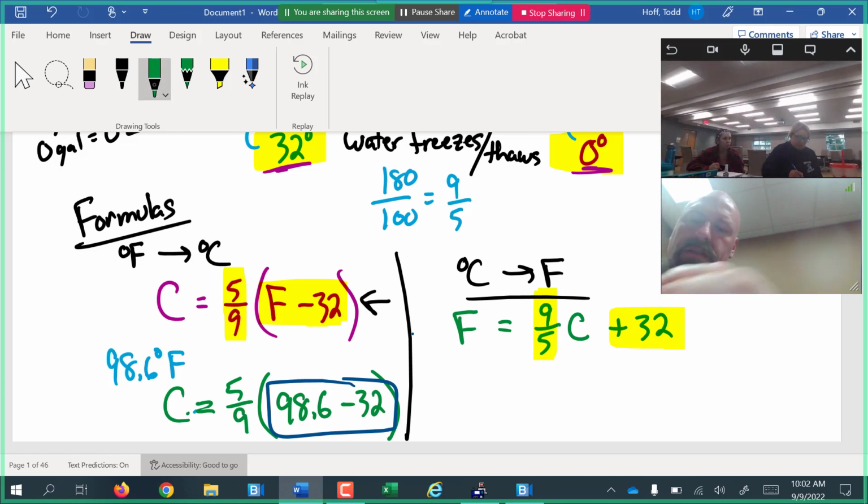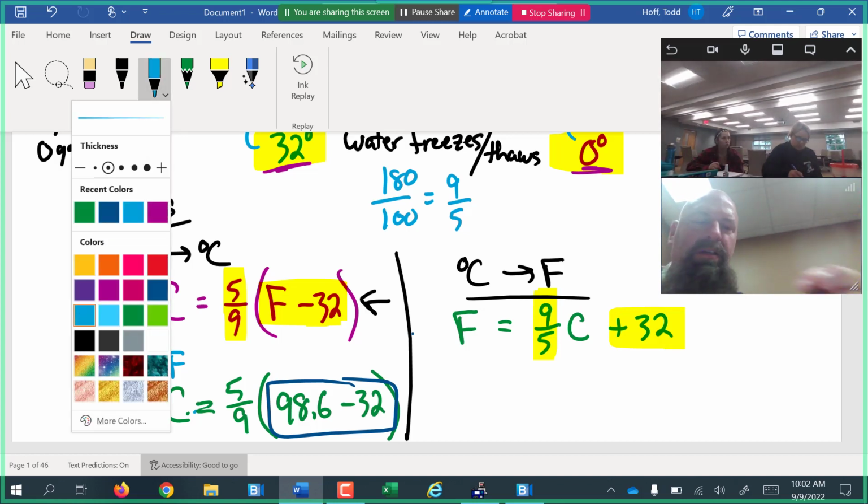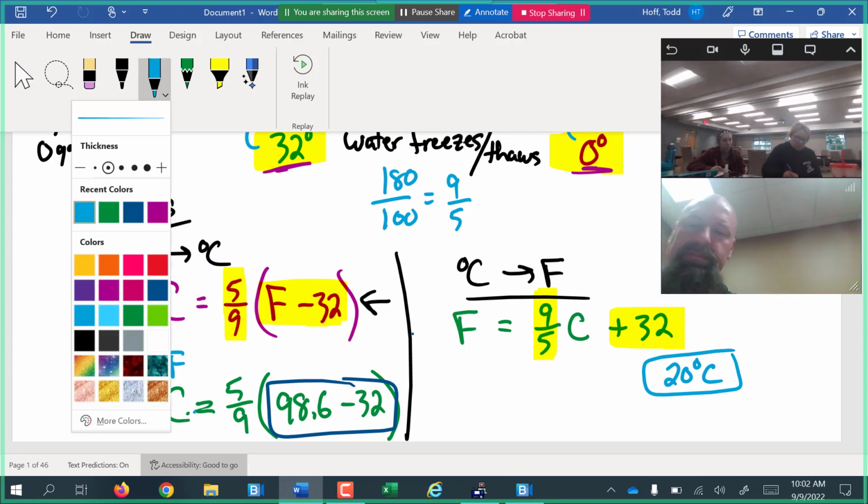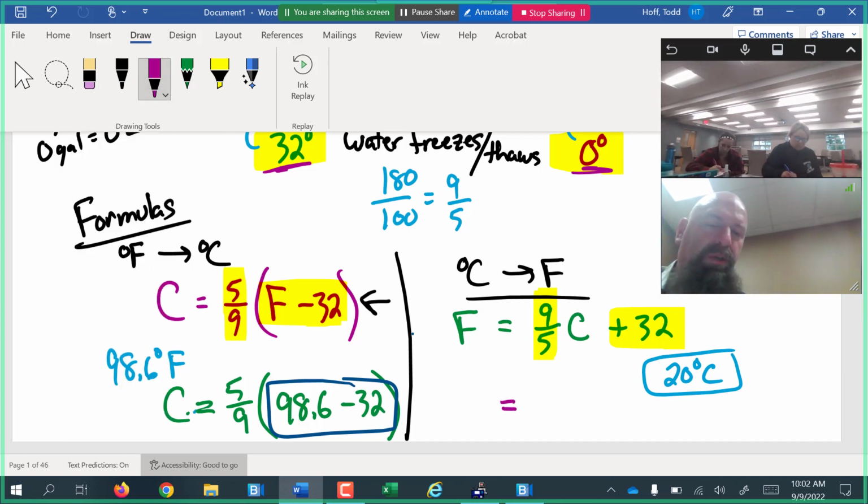So let's say that we're listening to the radio and we hear that it's going to be 20 degrees Celsius outside today. Well, is that a nice day? Let's put it into our formula and see what we get for our Fahrenheit temperature. We put in 20 for C here.